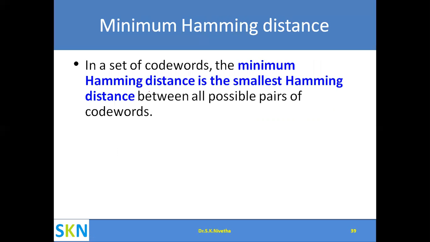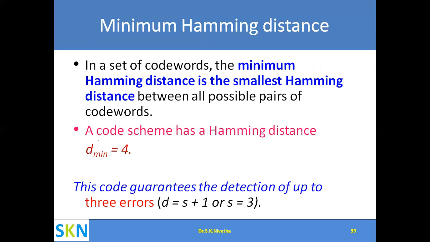Now minimum Hamming distance. In a set of code words, the minimum Hamming distance is the smallest Hamming distance between all possible pairs of code words. So we have to calculate it. So in a coding scheme that has minimum Hamming distance, dmin, equal to 4, this code guarantees the detection of up to 3 errors.